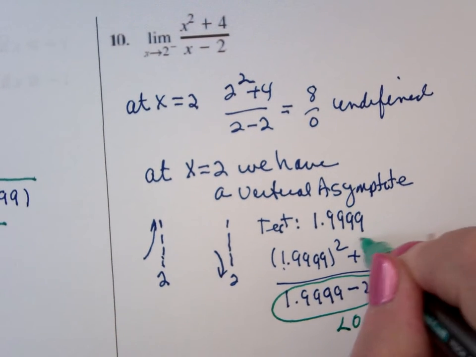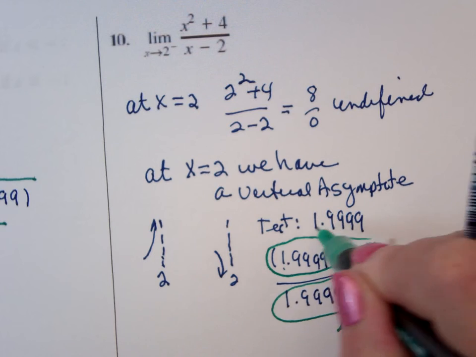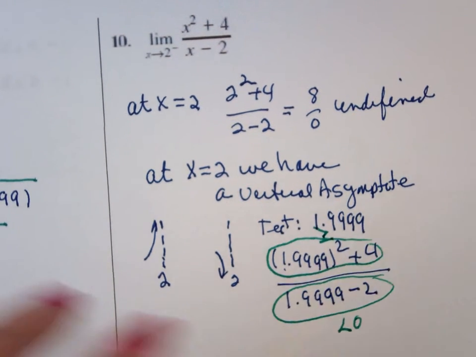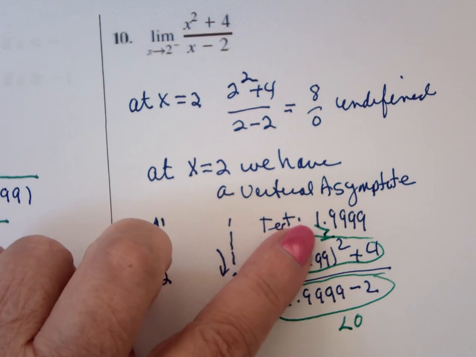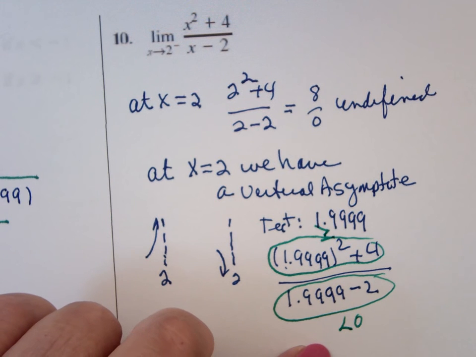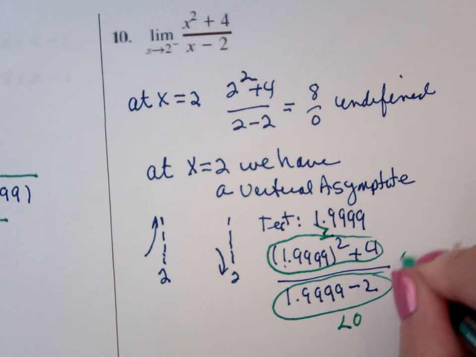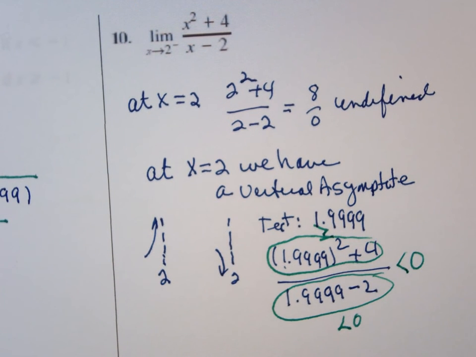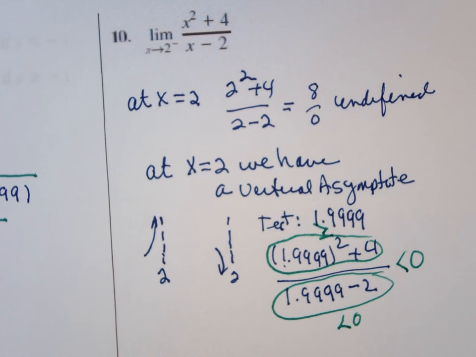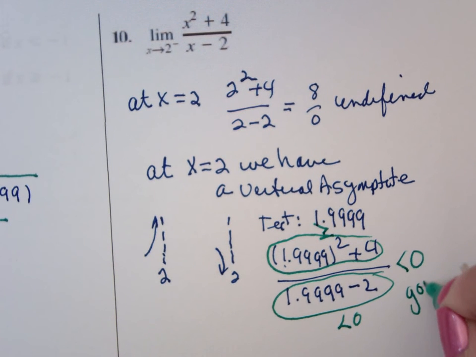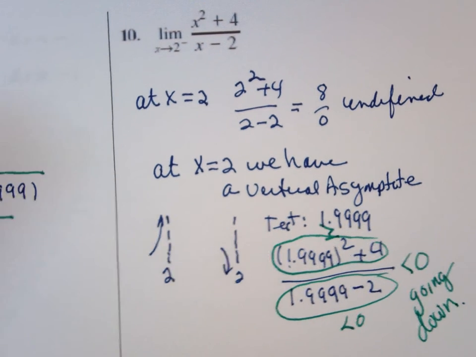What about the numerator? Positive. It's positive. So positive divided by a negative is negative. So what is he doing? Going down. He's going down, because this guy's in control.